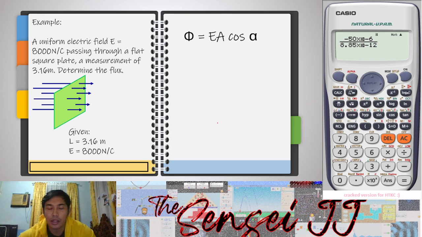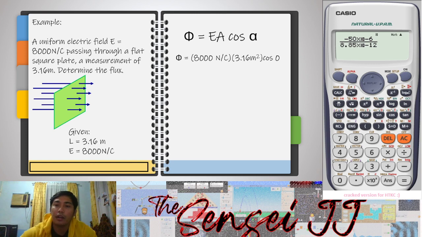So we have here our 8,000 Newton per coulomb as our electric field. We have here our 3.16 meter for our area, and we have here our cosine alpha. As you can see, this is just perpendicular from our flat plate. Our flat plate nga pala guys is vertical. So if this is vertical, we have to lay it down.